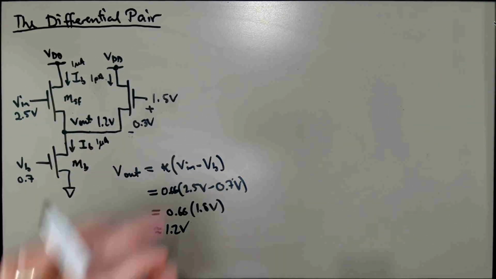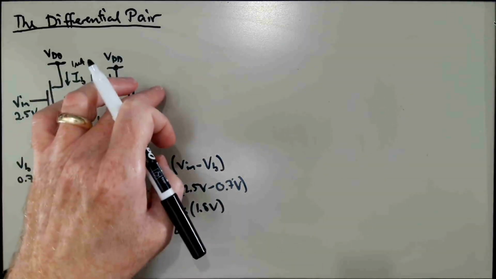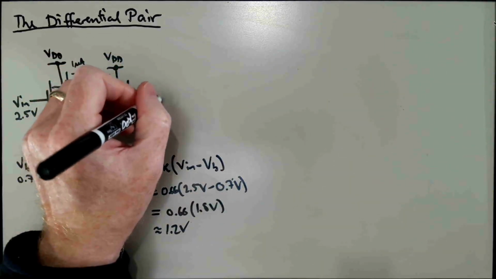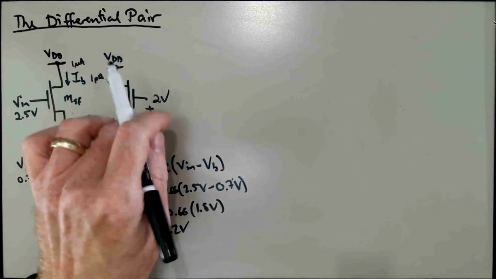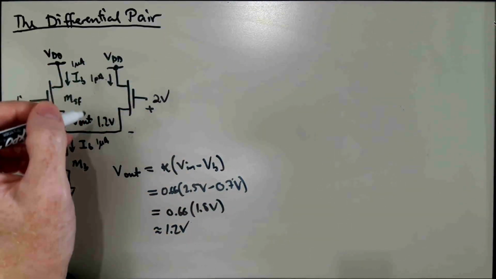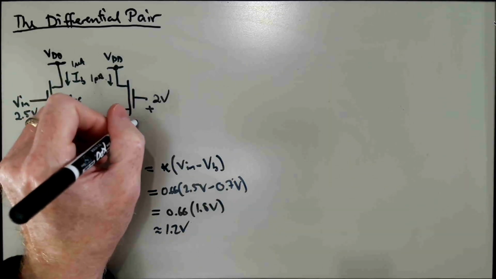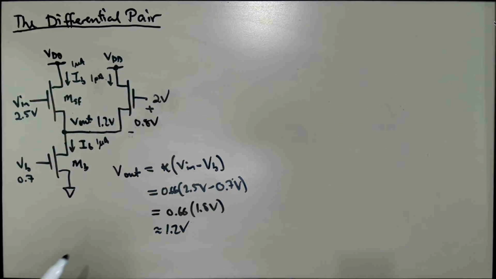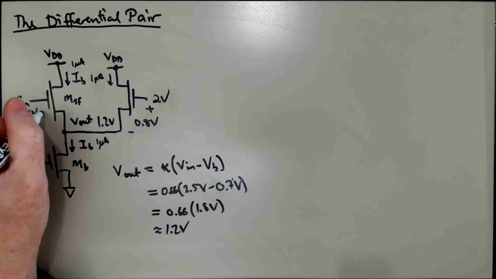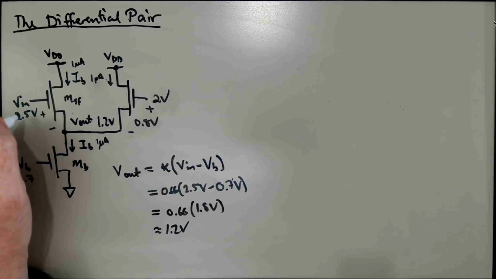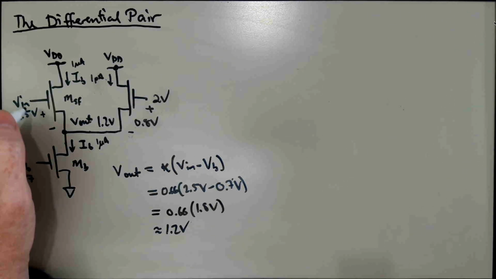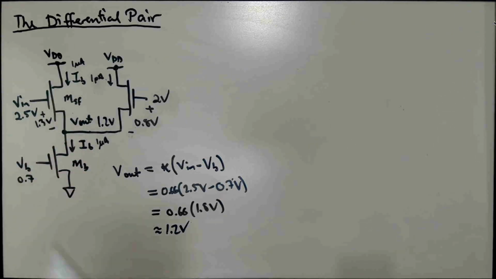Right? So suppose we go up to 2 volts here on the gate, so that we would have 0.8 volts gate to source voltage. Well, how does that compare to what we have here? Here we have 2.5 minus 1.2, that's going to be 1.3 volts gate to source voltage.